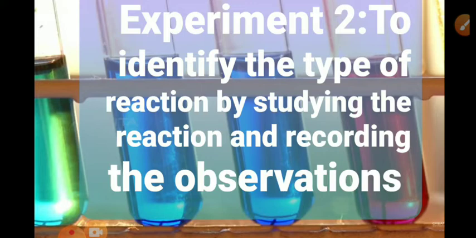So what inference will we draw, children? We will see that when one element is displaced by another element, the reaction is of the displacement type, and here Zn, or zinc, is more reactive than hydrogen, so it displaces the hydrogen. Let us see how we have to perform this, children.